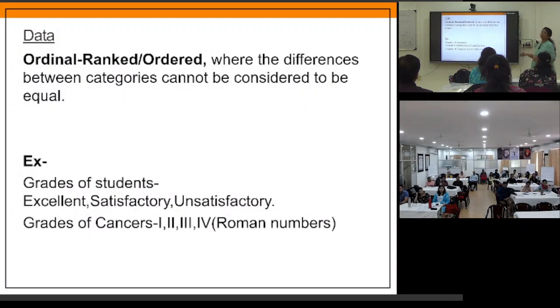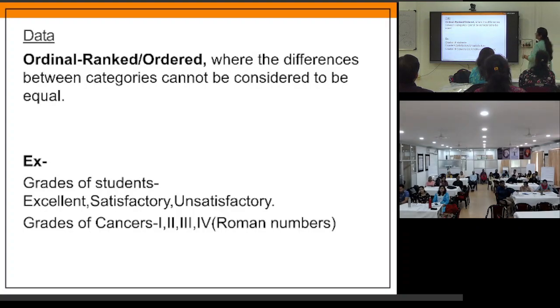Okay, now the ordinal data. Ordinal or the ordered data is where the differences between the categories are not equal. Okay. For example, grades of students. So when I am saying grade 1, 2, 3, obviously the one which has got a higher grade is superior as compared to the lower grade.